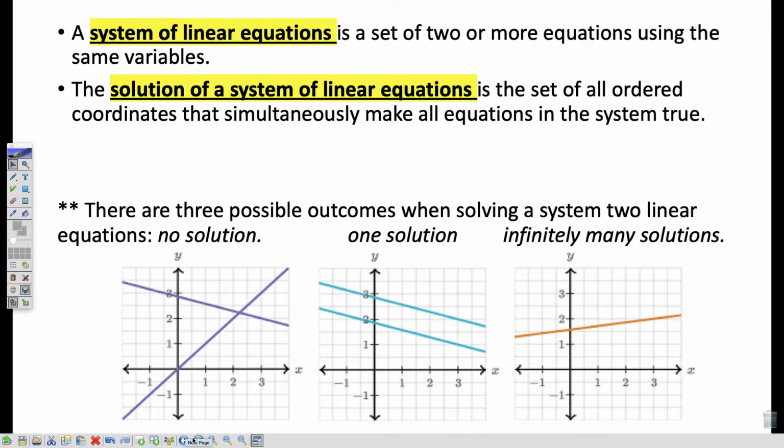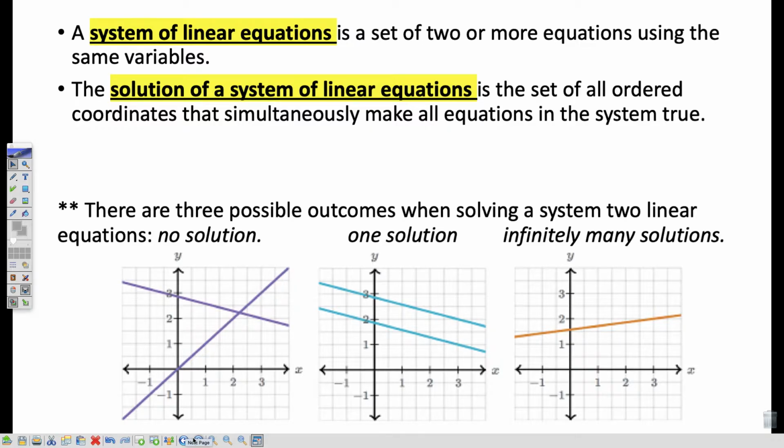First of all, we're going to talk about just a little bit of vocabulary. A system of linear equations is a set of 2 or more equations using the same variables. It's 2 or more, so you could have up to 20. Just all the variables are to the first power.